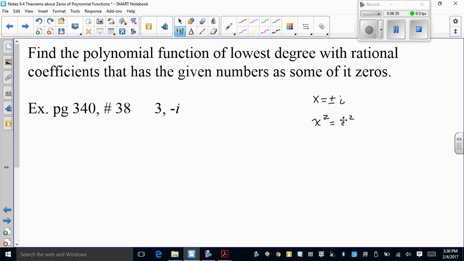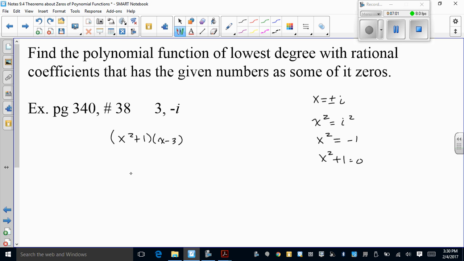So x squared equals negative 1. Or x squared plus 1 equals 0. So I have x squared plus 1 as one factor, and the other factor is going to be x minus 3.